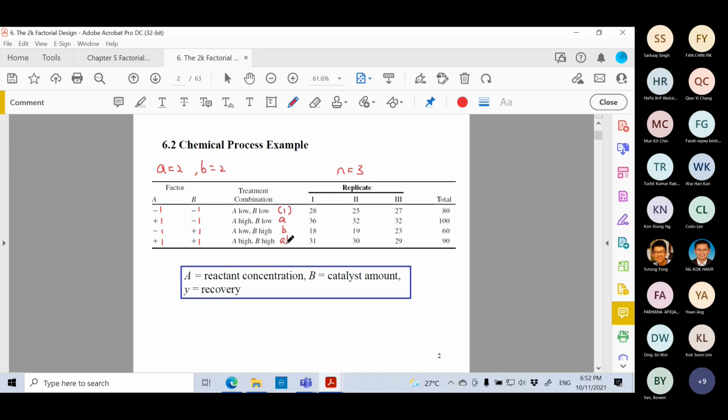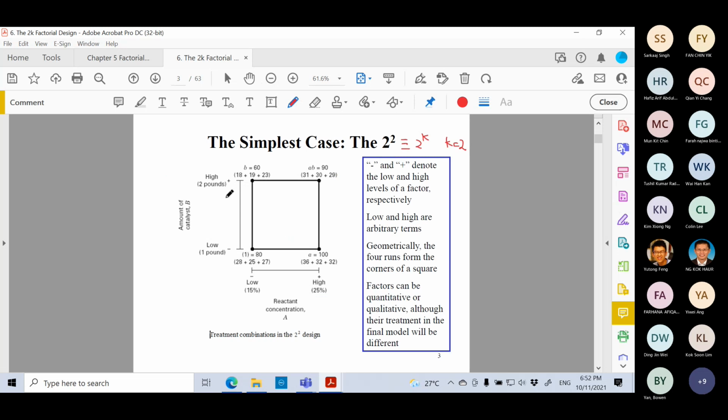So this is the notation to represent the treatment combination. You can see from here, we have (1), a, b, and ab. So once you see ab, you understand that both of them are at the high level.